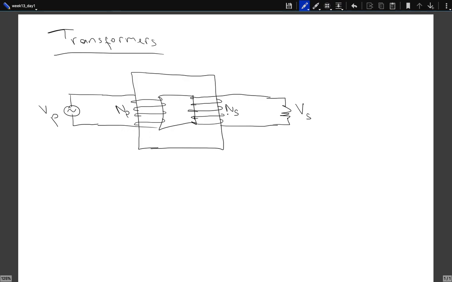And let's say it has Ns turns. This is the primary coil, this is the secondary coil.